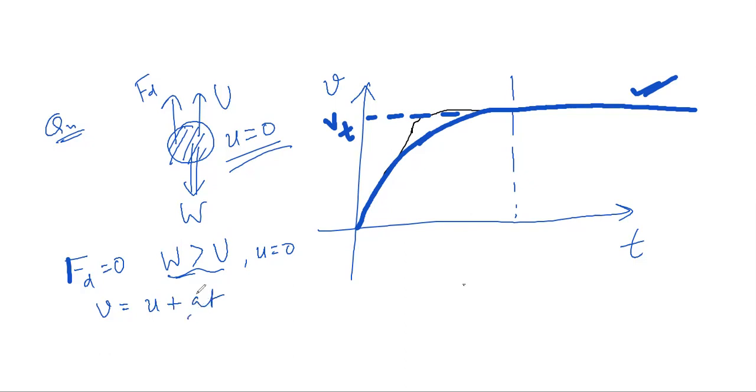But here A is not constant. Why? Because here W is increasing, so A is not constant. Had it been constant, your graph would look like this, but it is not constant because acceleration is increasing.